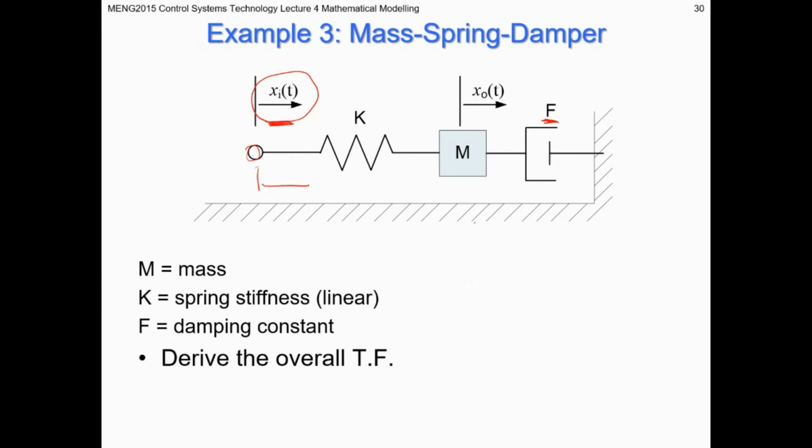You could either apply a step input, where you're moving it instantaneously from 0 to 1, just a known displacement, or you could be applying an oscillation. So you could effectively be oscillating this back and forth, and you're looking at the relative oscillation of your output.